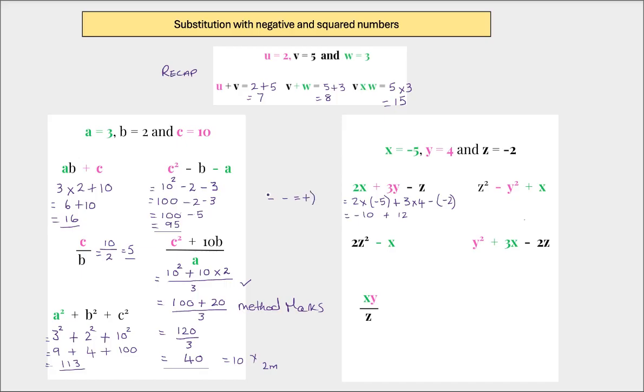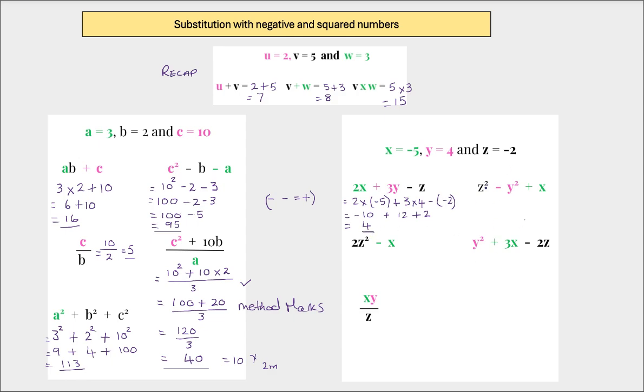I have done a video with all the plus and minus rules, so refer back to them if you're not too sure. So that is +2. Put it all together. -10 plus 12 is 2. Plus 2. So your answer is 4. So there's a little bit more to it, isn't there, number 4?